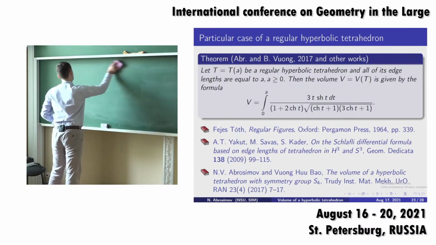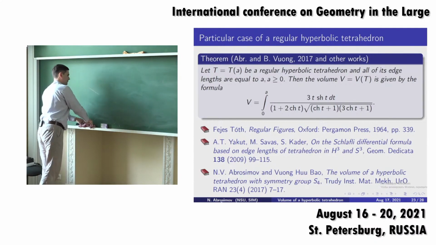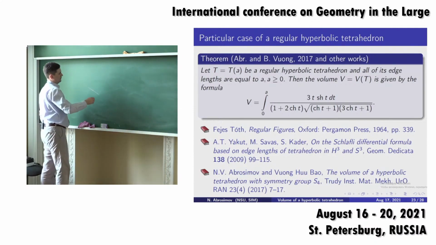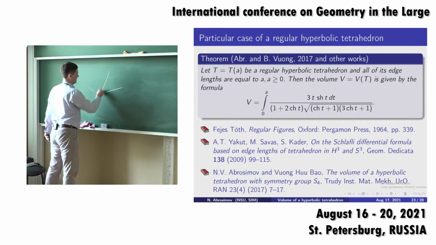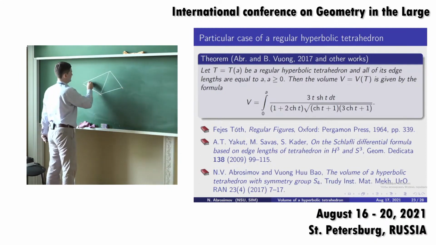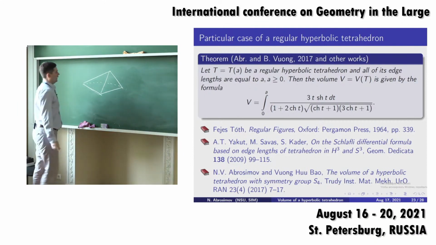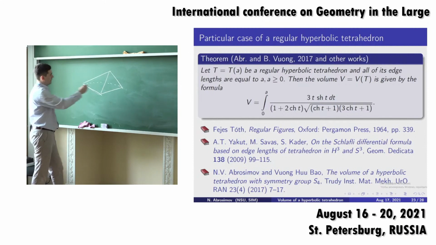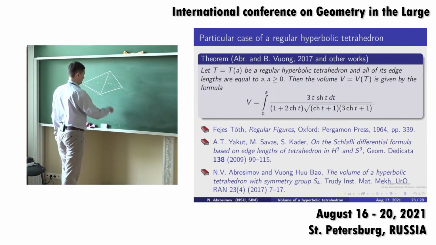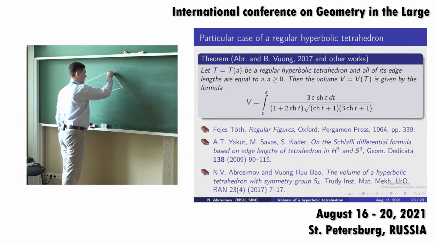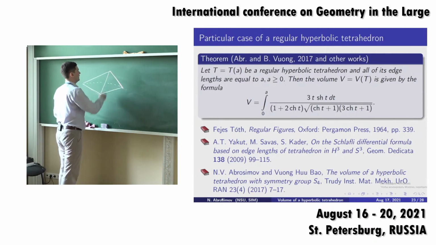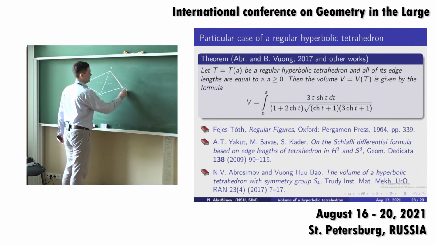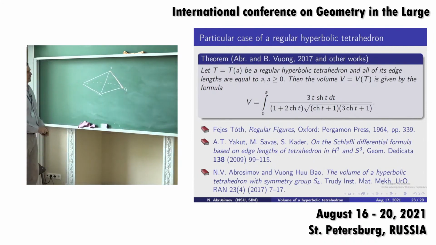Because, well, in our case, what do we have? We have this tetrahedron. I draw it again. A hyperbolic tetrahedron, right? And how do we integrate? The distance between vertices 3 and 4 is a variable of integration.